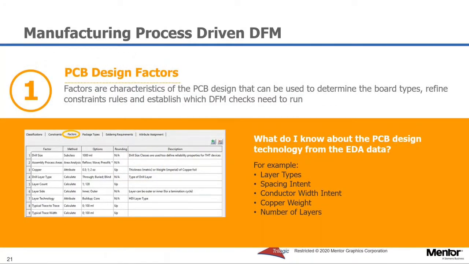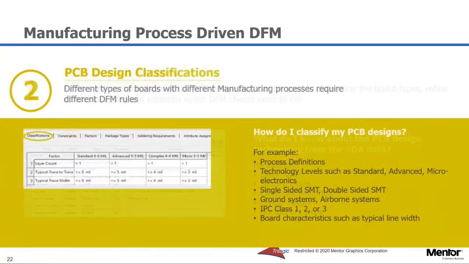To properly assign the appropriate constraint rules to the design, we have the ability to set up various design factors to help make these assignments based on attributes within the design. In this example, we have added factors such as drill size, copper weight, layer count, typical trace-to-trace spacing, as well as typical trace width.